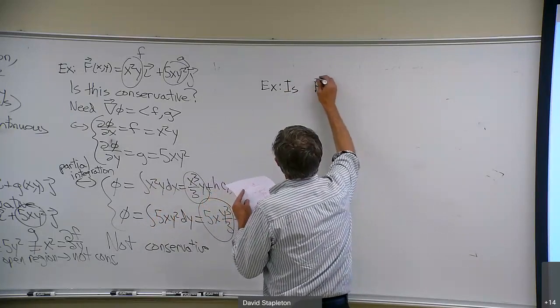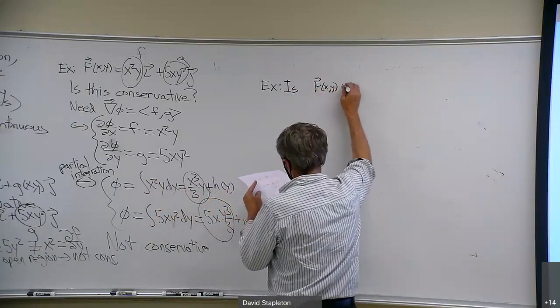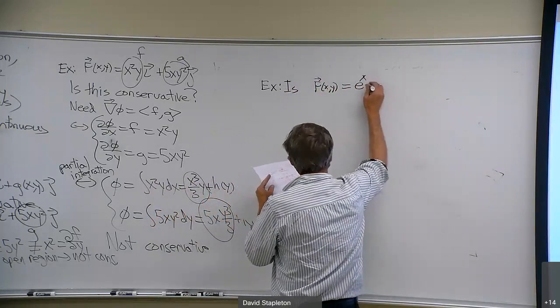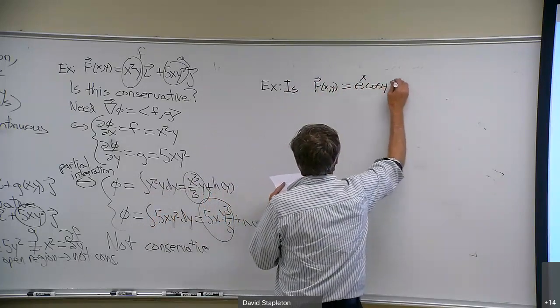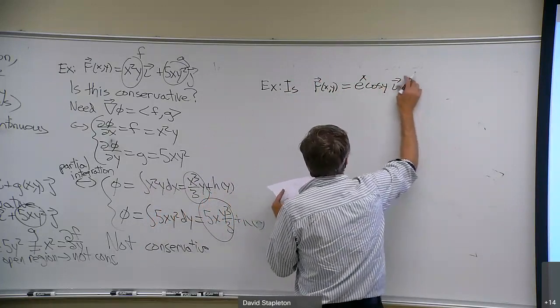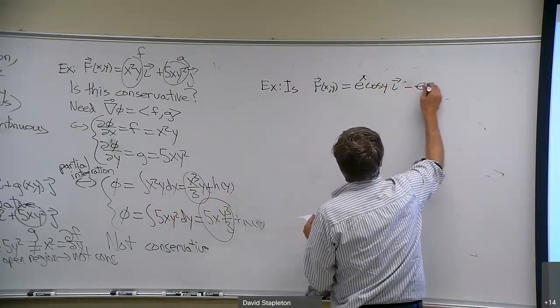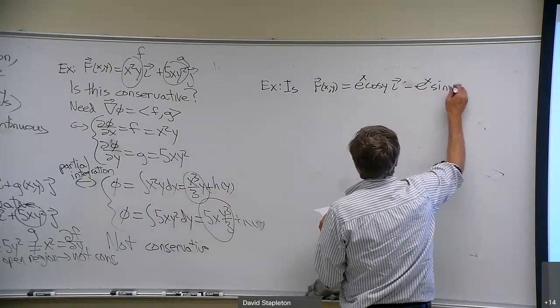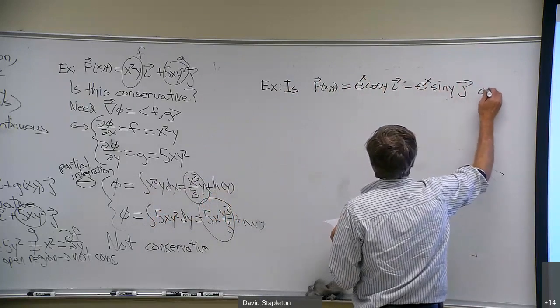F of x y equals e to the x cosine y i plus or minus e to the x sine y j. Is that conservative?